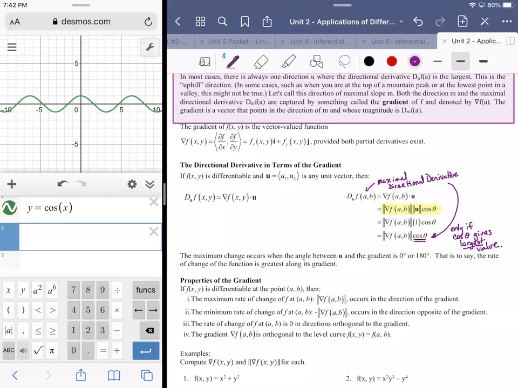So if cosine is equal to 1, then D_u f of (a,b) is at a maximum. If cosine is equal to -1, it's at a minimum.